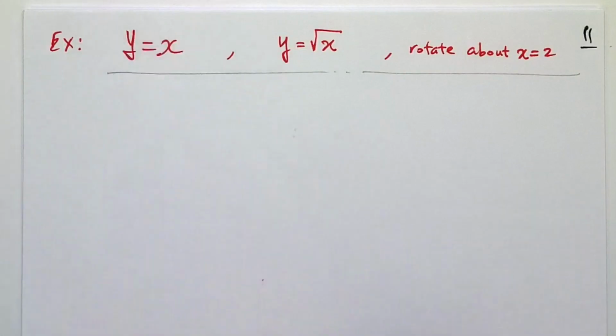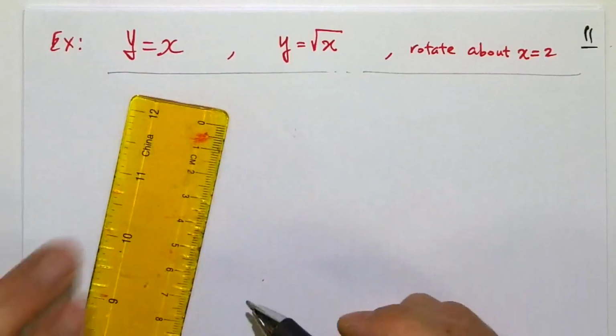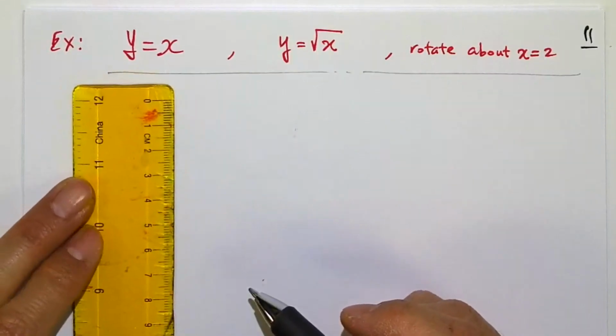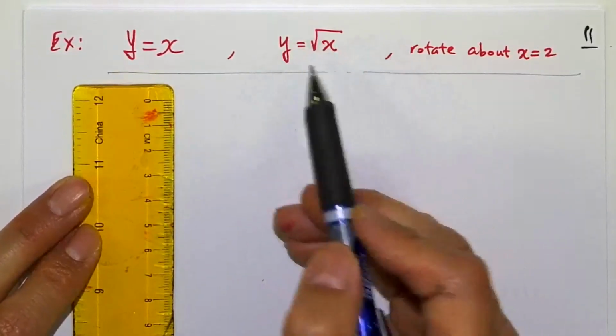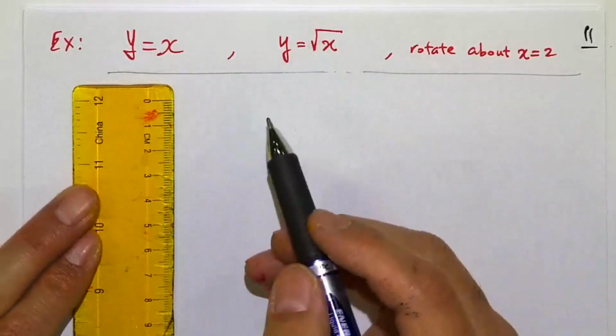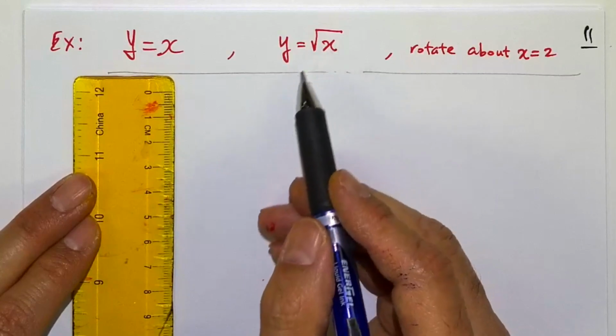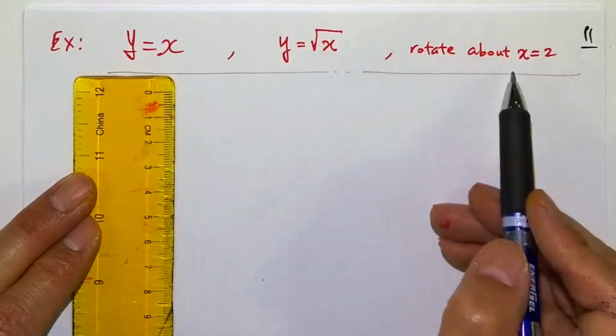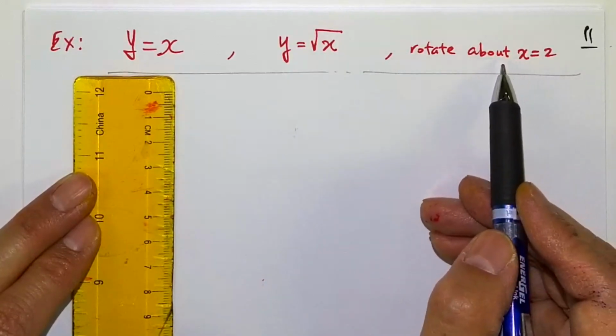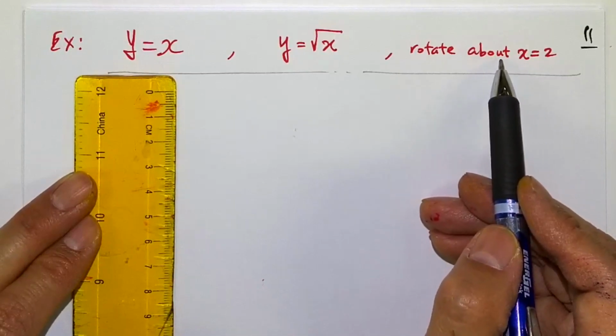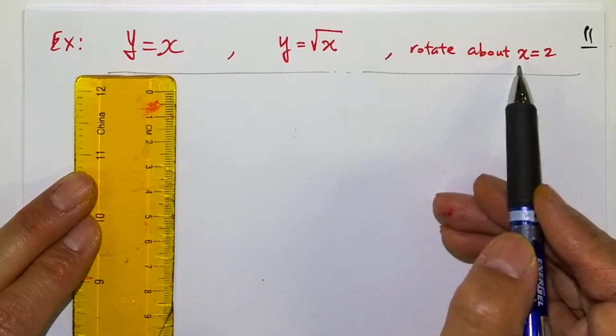So everything below that is the solution, including this graph that I'm about to draw. So given this curve, everything is going to be on the positive side, right? So from 0 and anything for x values, anything greater than 0. But we got to be careful here because we're rotating about a vertical line.